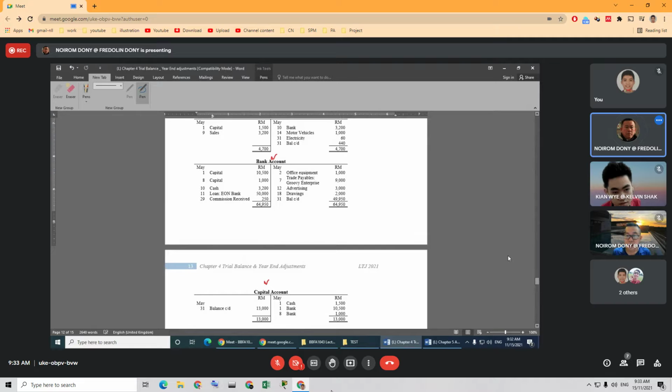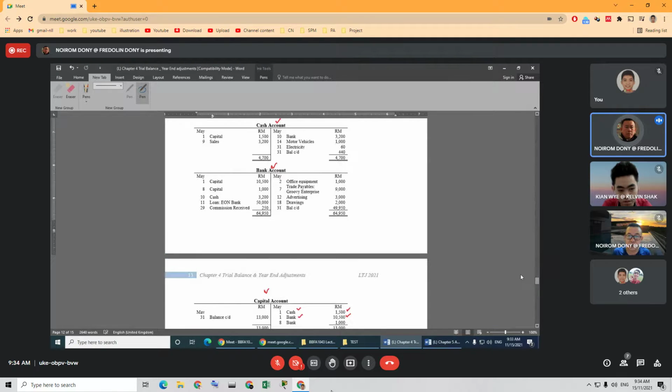Then identify the effect of the transaction. Okay, first thing, capital is under equity, a credit item. So increase. Before we don't have capital, now we have capital. So that's why we credit 1,500 in the capital account and then 10,500 in the capital account also.